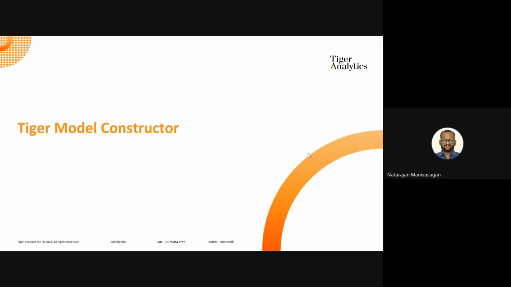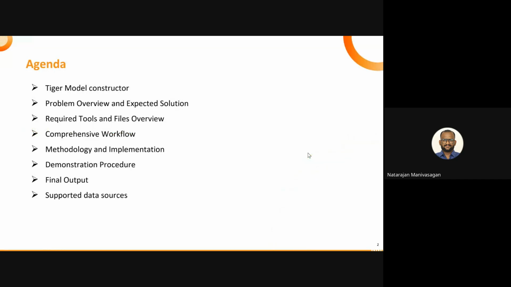So, let me give you a brief explanation of what a Tiger model constructor does. The main idea behind this model constructor is that we want to quickly build a model in Power BI with the metadata that we are going to get from Tableau Accelerator. Tableau Accelerator is going to read the Tableau workbook and give the output metadata in an Excel format.